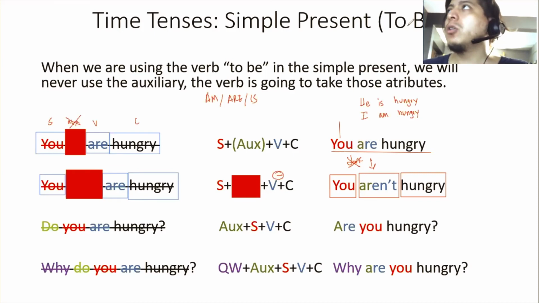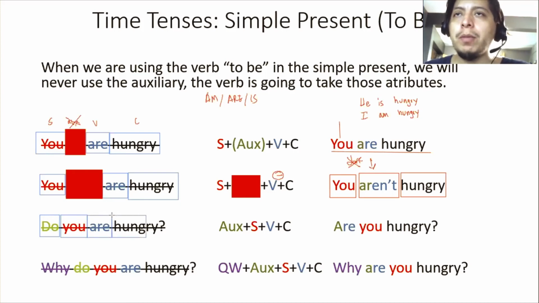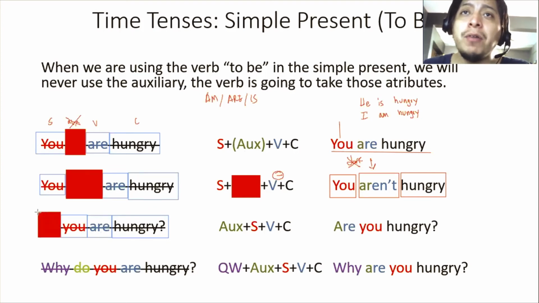Okay? So, for example, what happens if you have a yes/no question? You start with the auxiliary first, the subject, the verb, and the complement. This is normal. This is what we normally will do. But again, when your verb is the verb to be, you never, ever use the auxiliary. So what do you need to do?